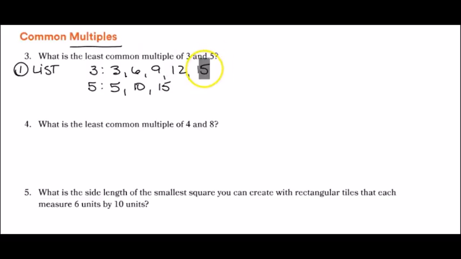So now our lowest common multiple is going to be 15. But it didn't necessarily ask for a lowest one, did it? Oh yeah, it did. Least common multiple. So the least common multiple of 3 and 5 is 15.